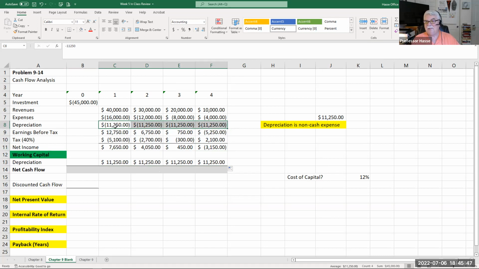We're not spending any money to Mr. or Mrs. Depreciation here. It's an accounting entry given to us to reduce our tax liability on this asset that we're depreciating over 4 years. So we add that depreciation back, just like we did in cash flow from operations in assignment 1. Depreciation is added back as positive cash flow.